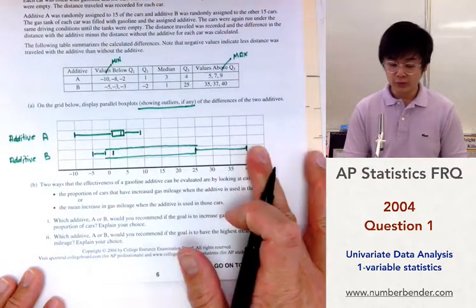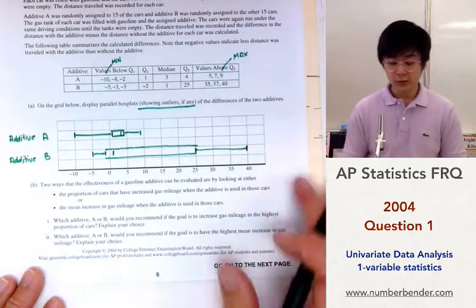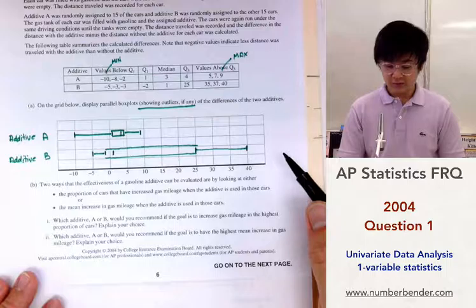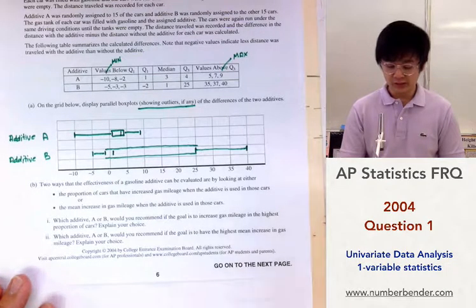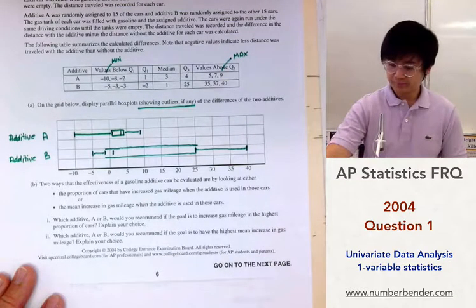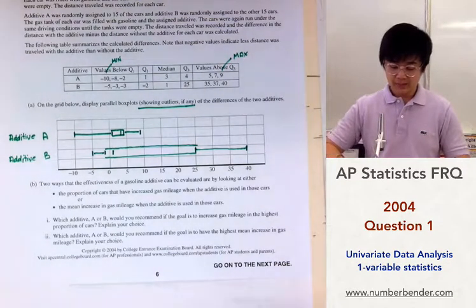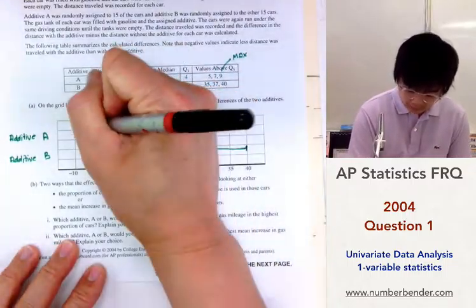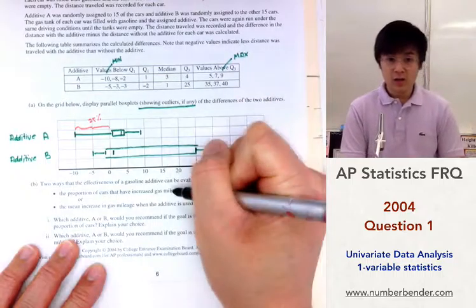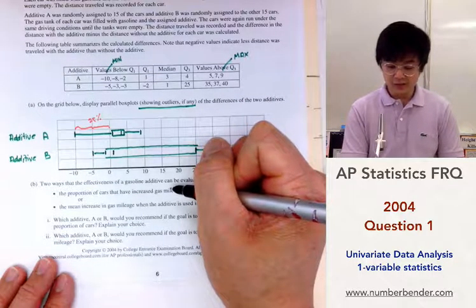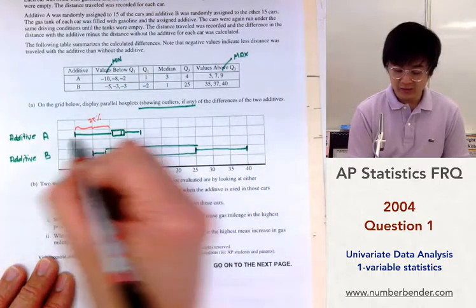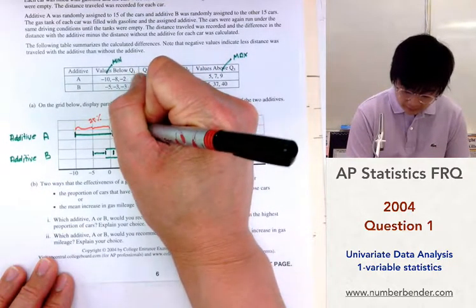And these are the proportions of cars, or our box plot shows the data set of the cars which used additive A and additive B. And in this case, we know that in our box plot, the tail is 25% of the proportion of the cars with average mileage of this much, and this is another 25%.